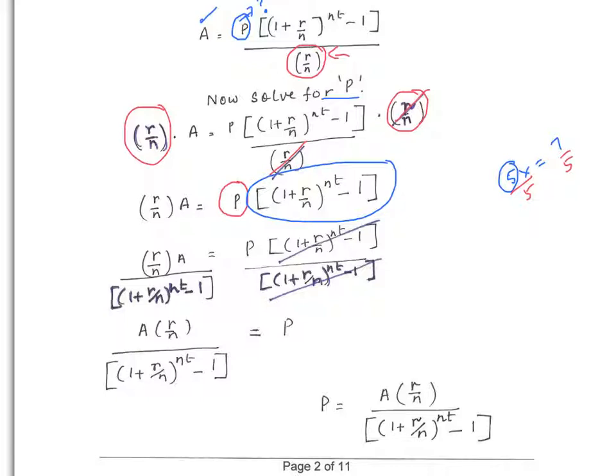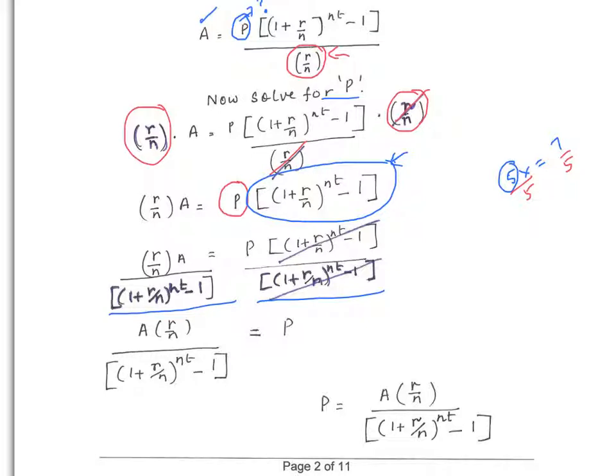The number that I'm trying to get rid of is sitting inside this blue area. Just think of it as a number. That entire thing is what I need to get rid of. So I divide both sides by exactly what sits inside that blue circle.